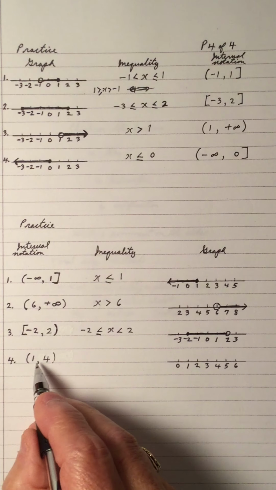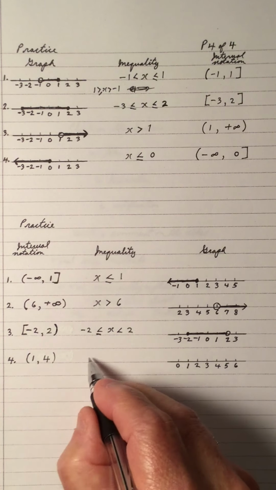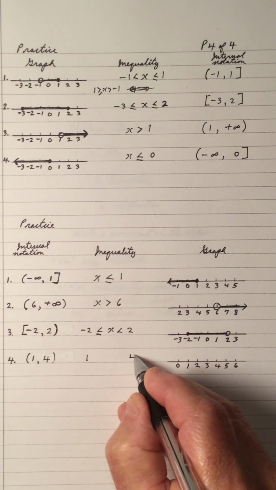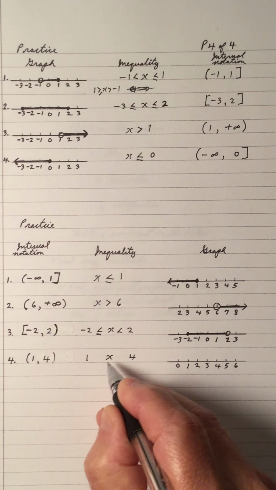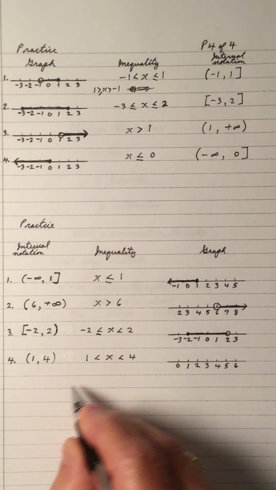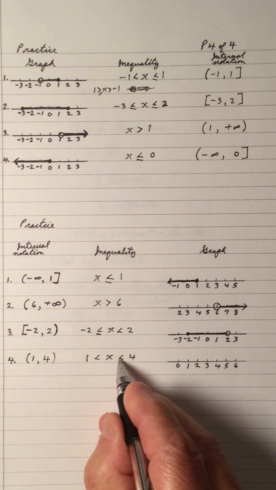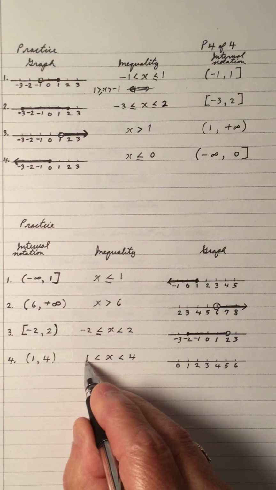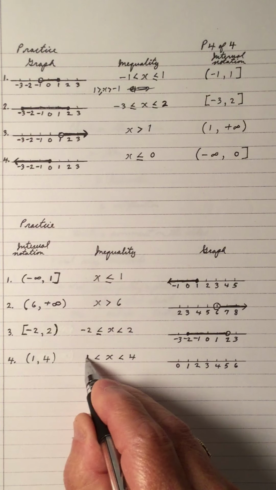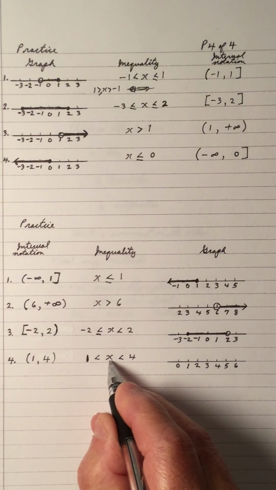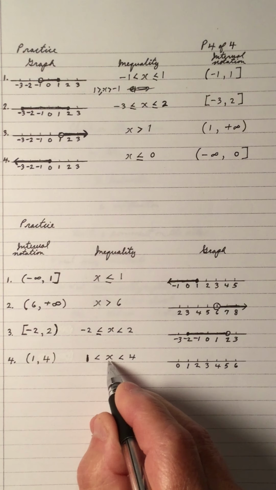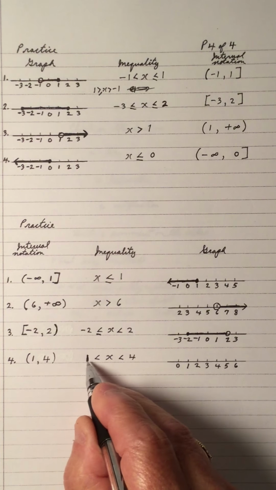And we have another one, interval, so it's a 1 on the left, 4 on the right, x is in between, and less than. Notice I got less than twice in the same direction, because this number in between here, if you think about it, has to be a 2 or a 3 or a 2.5, because the number has got to be between 1 and 4.